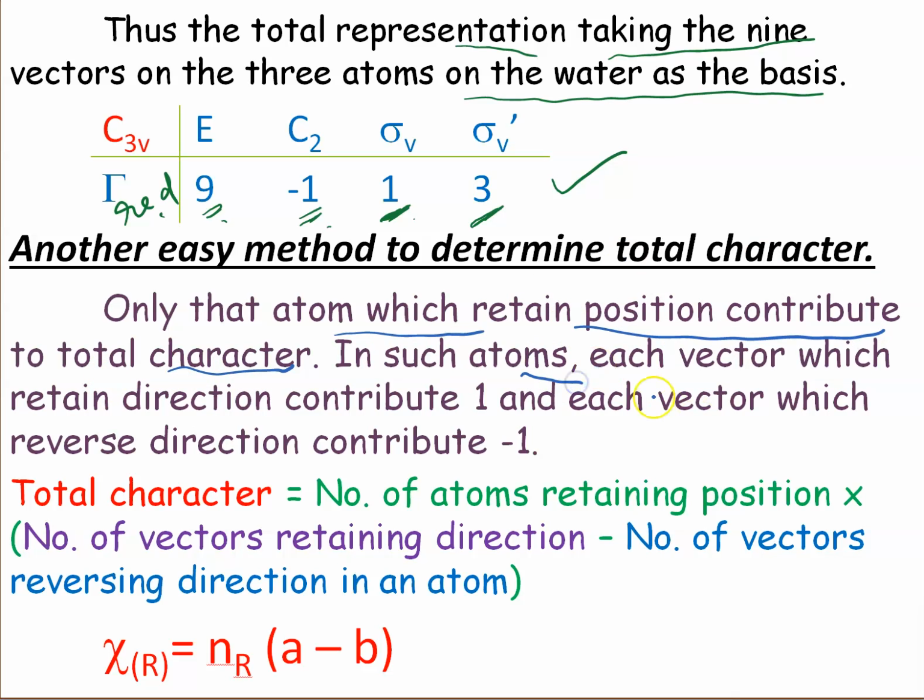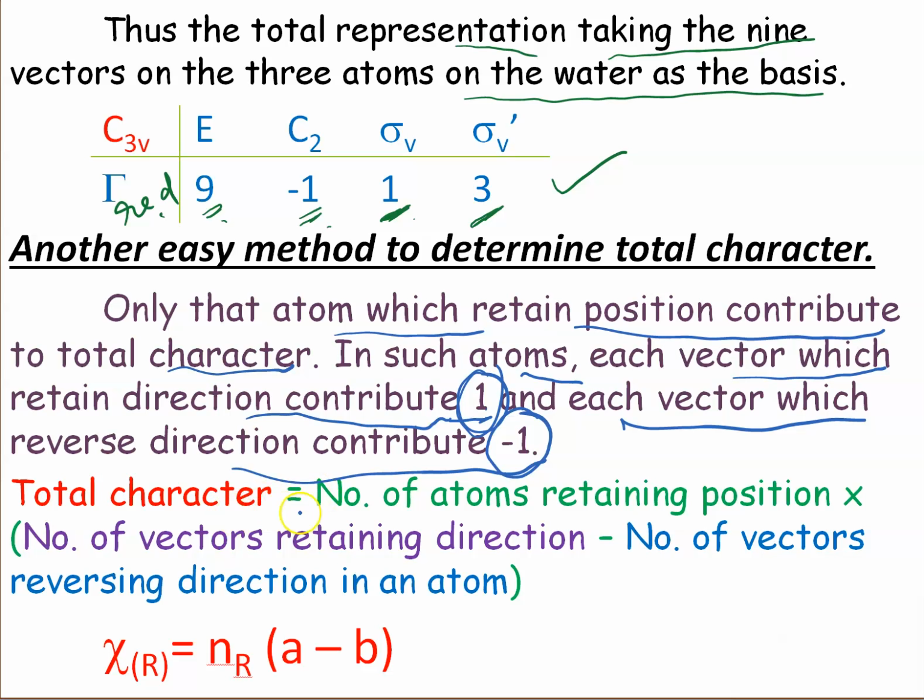In such an atom, each vector which retains direction also contributes 1 and each vector which reverses direction contributes minus 1. Understand? Okay, that is, each vector which retains position contributes 1. Both position and direction contribute 1 and the vector which retains position and reverses direction contributes minus 1.